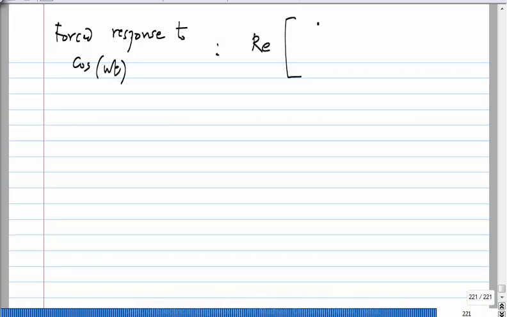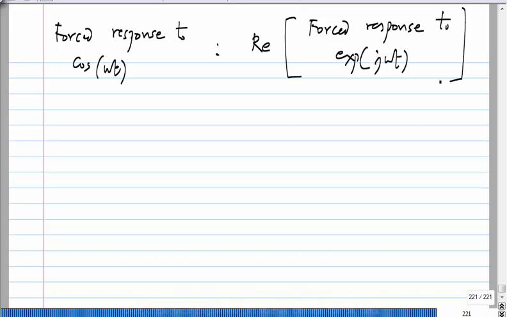So the force response to cos omega t is the real part of the force response to exponential j omega t.